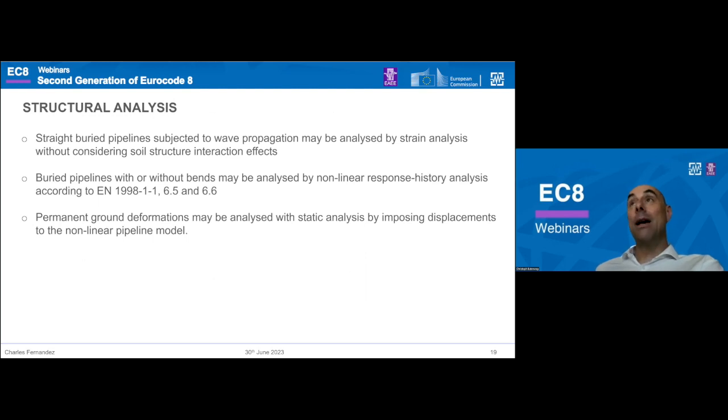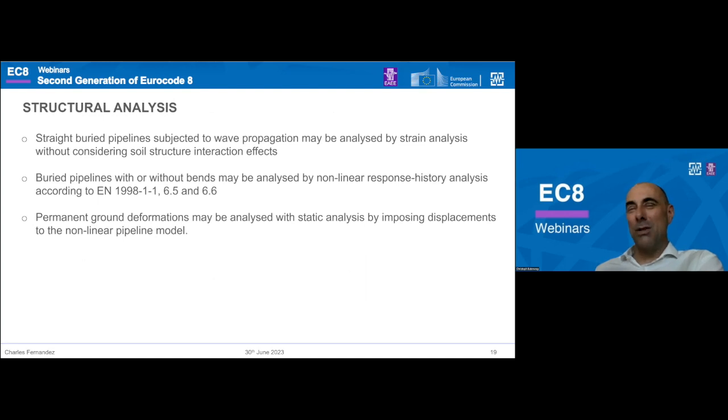However, there are alternatives to this model, and I think for a straight pipeline, it is never required to use this model, because there are really simple analytical approaches available that can be used. So a simple strain analysis without considering the soil structure interaction, because usually the straight pipeline has really no problem.